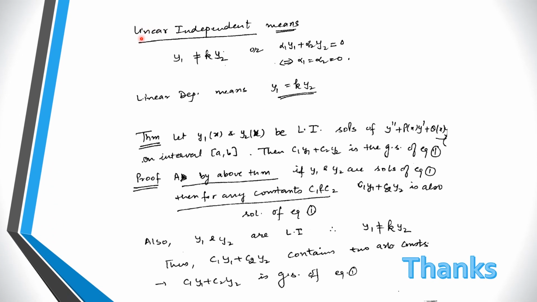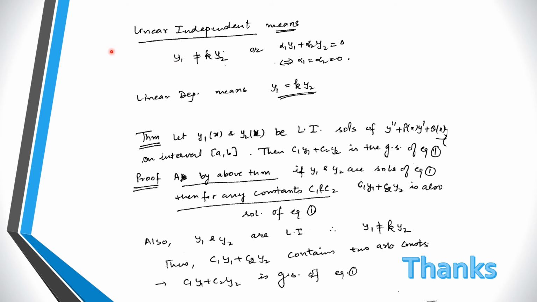Now, what do we mean by linearly independent and linearly dependent functions or vectors? y1 and y2 are two functions. They are said to be linearly independent when y1 cannot be written as some constant times y2. But if it can be written as some constant times y2, they are dependent.